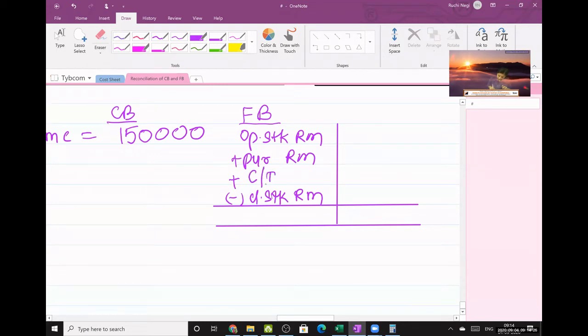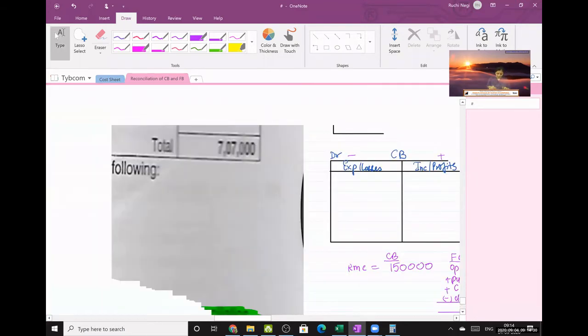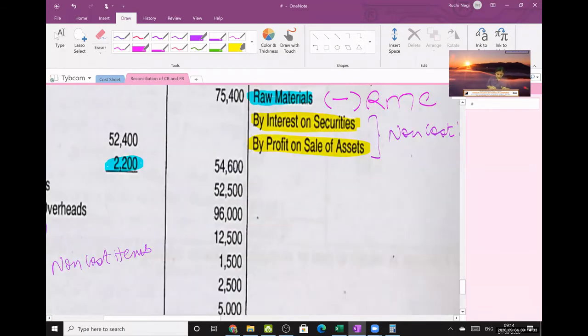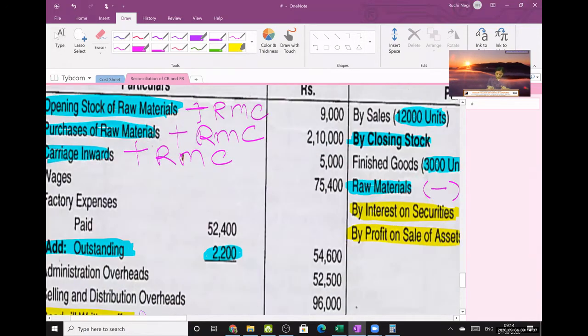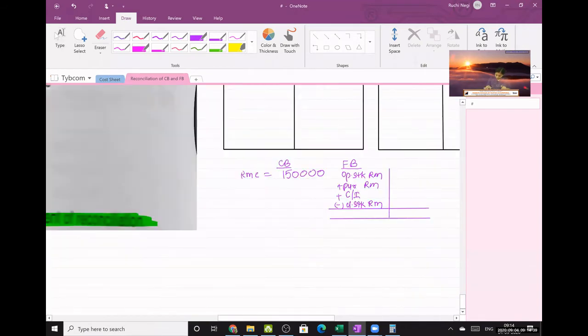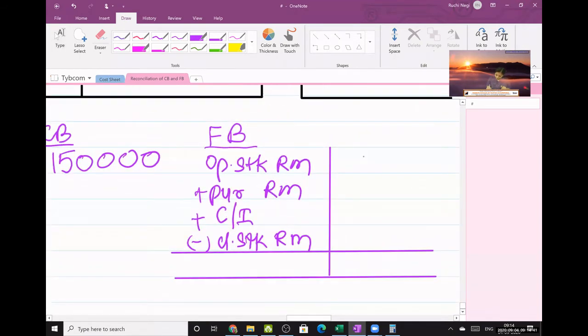Let me check. Opening stock is how much? 9,000. Purchase is how much? 2,10,000. Carriage inward 5.